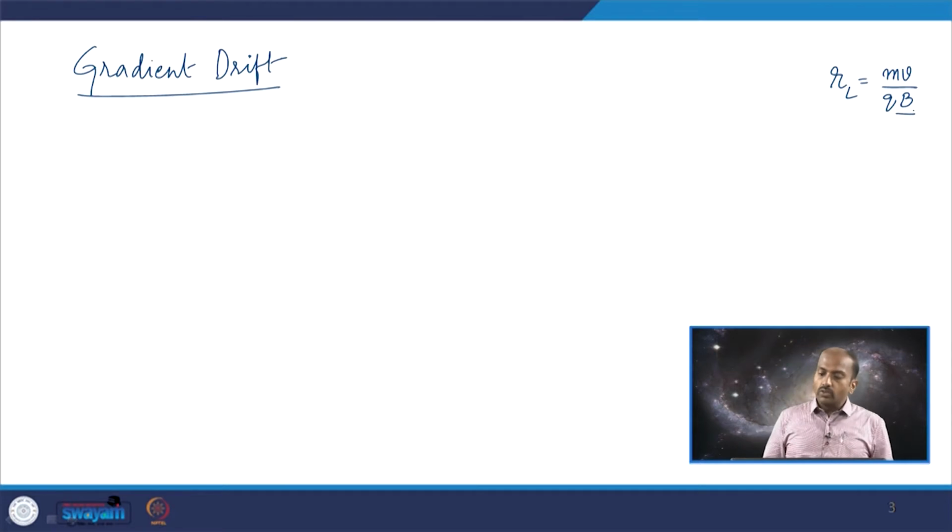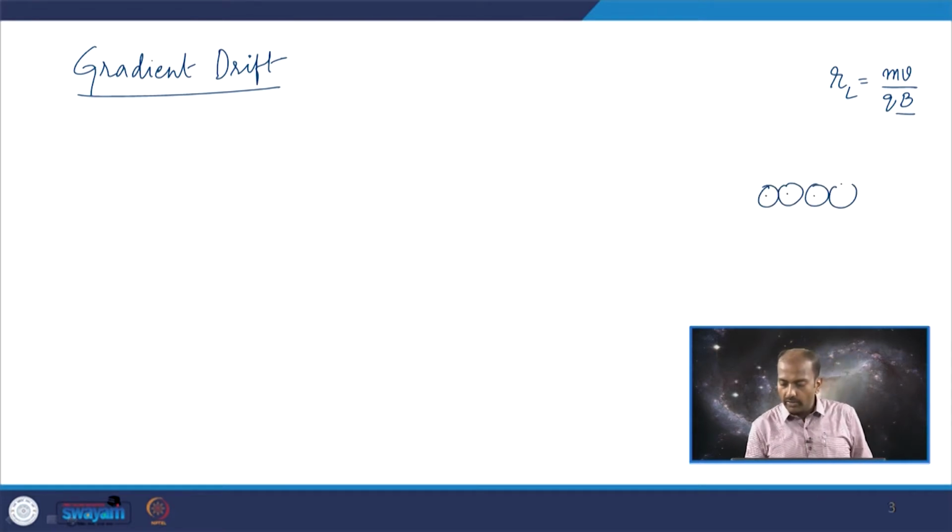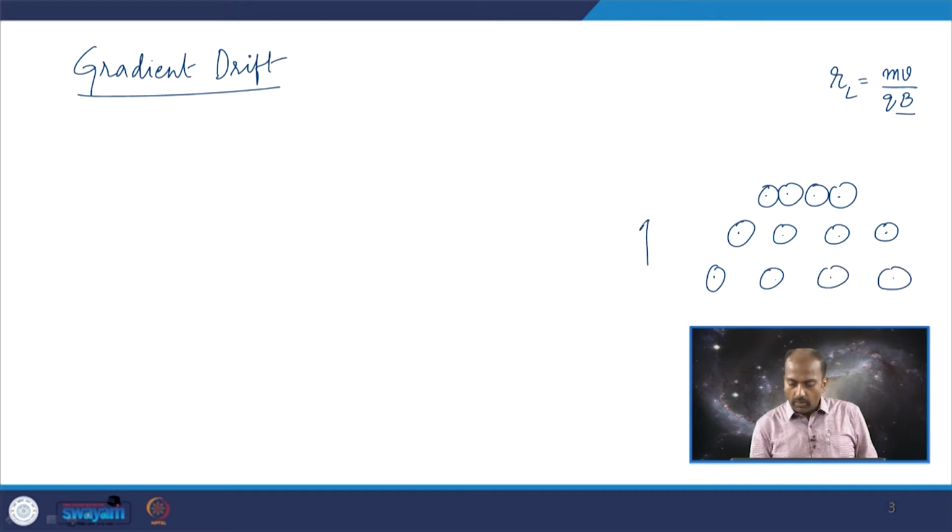So, what we have seen so far is that the magnetic field lines are farther apart towards the negative y axis, let us say. The magnetic field has a gradient along the y direction and is pointing out of the page, that is, along the z direction.